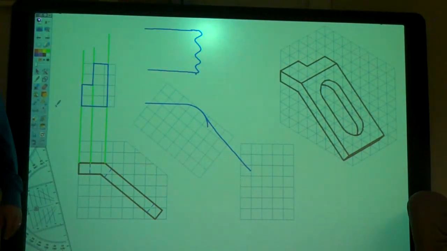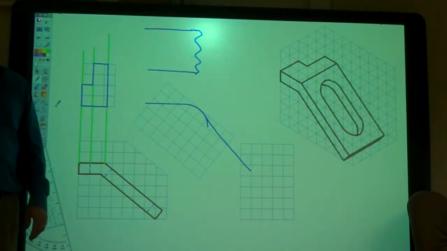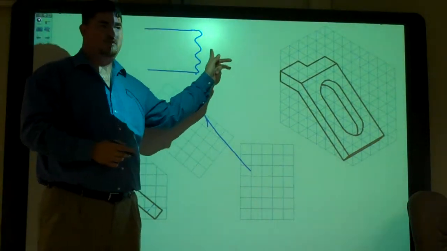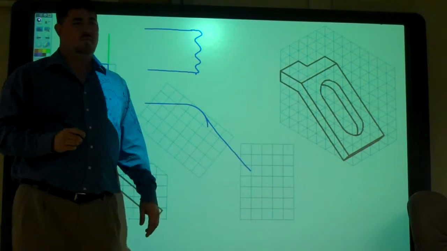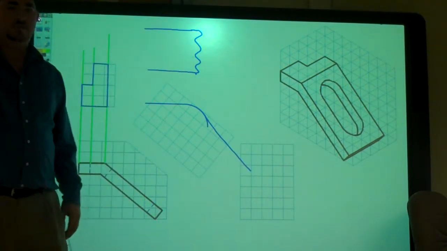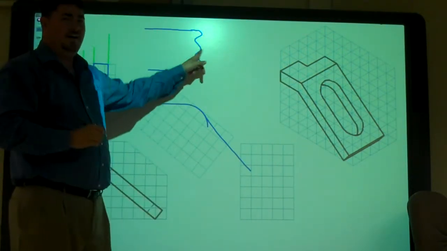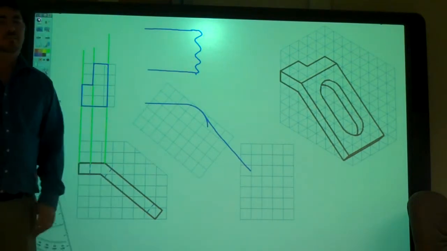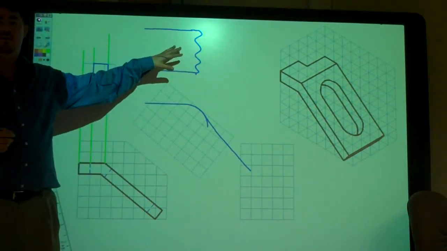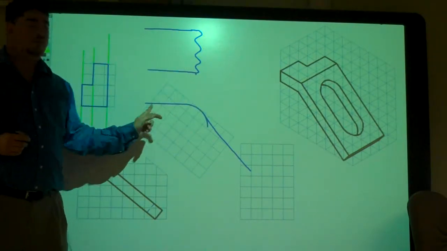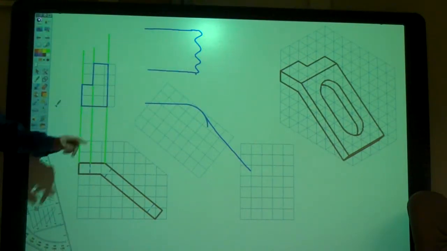That's called a short break line. It's just a thick line with a squiggle. Don't get over happy and make it go real back and forth like I'm having a stroke or something. It's just a nice curving line like that, okay? Any questions? So that's if you have a curve. If you have a corner, just come from the corner.